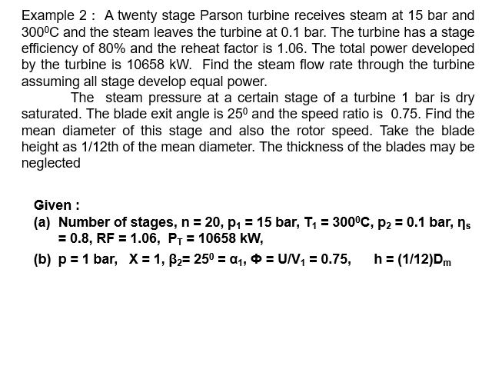Then phi, the speed ratio, is equal to U by V1 is equal to 0.75, and H value is equal to 1 by 12th of mean diameter dm, that is 1 by 12 into dm. And here the blade thickness is neglected.